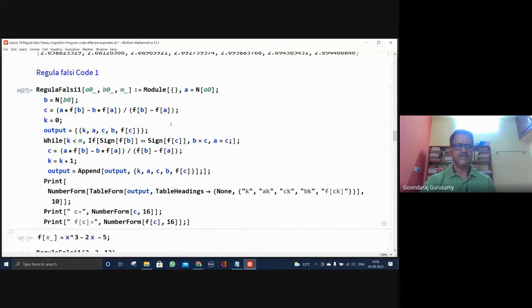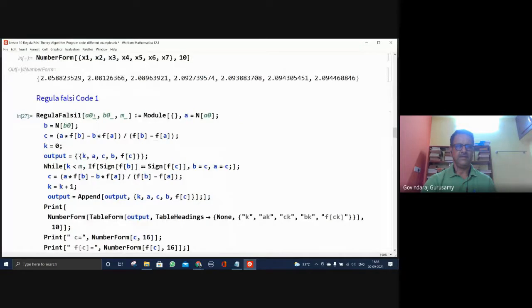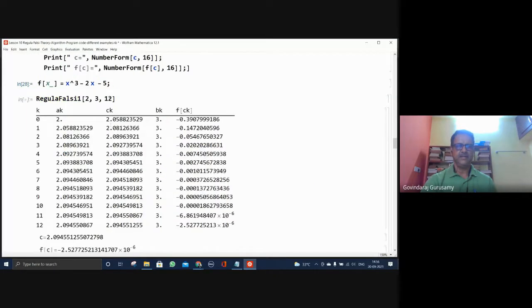Yes, enter the same equation which I'm going to give now, and for regula falsi, the input expected is a0 and b0 and m. m is the number of iterations. So I have given 12 iterations, 2 to 3, and I have a result up to 10 power minus 6, the f of ck, f of x.